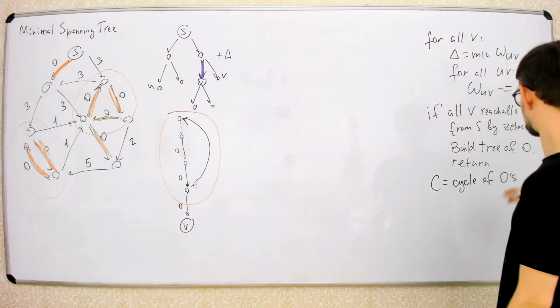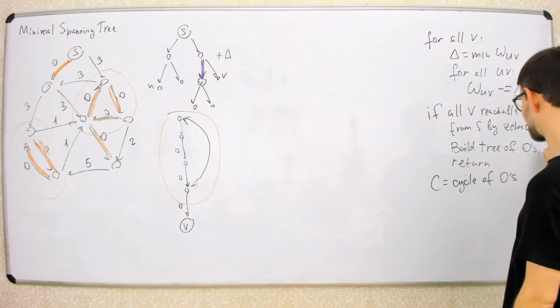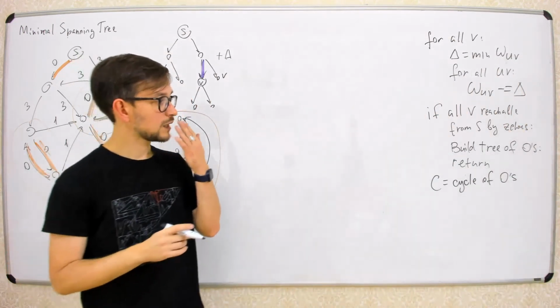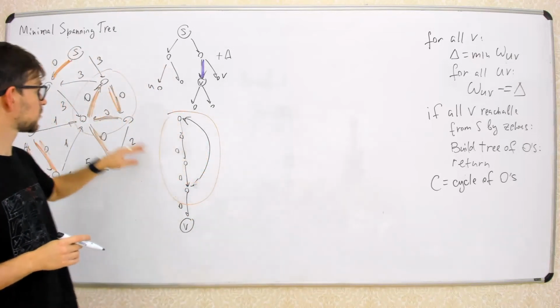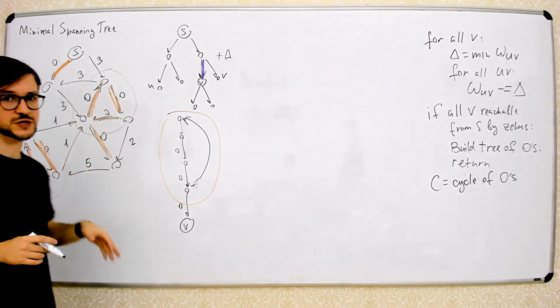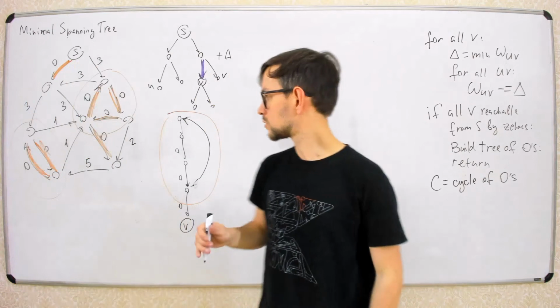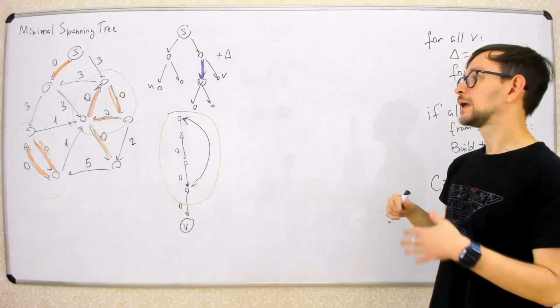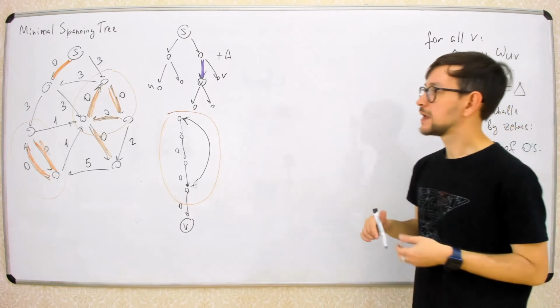Zeros, like this. Nice. So let's find this cycle of zeros. If we have several different cycles, let's find any of them. So let's find any cycle of zeros. Now, let's see.